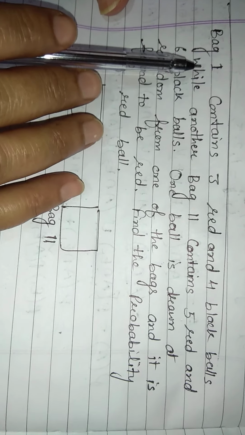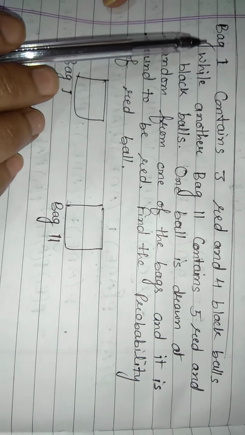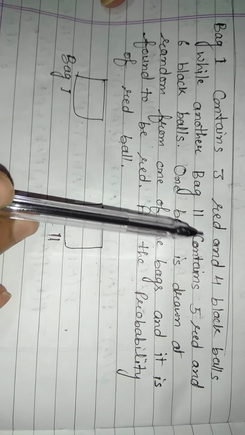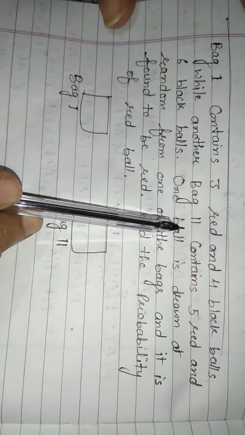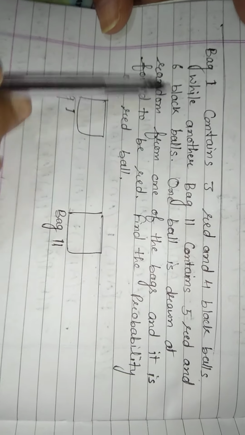Now look at an example related to total probability. Bag 1 contains 3 red and 4 black balls, while the second bag contains 5 red and 6 black balls.